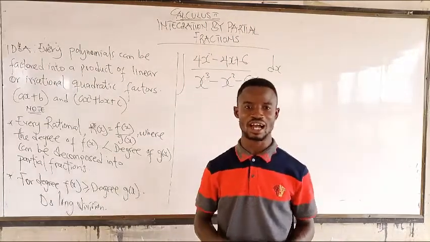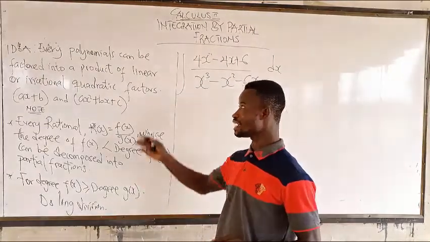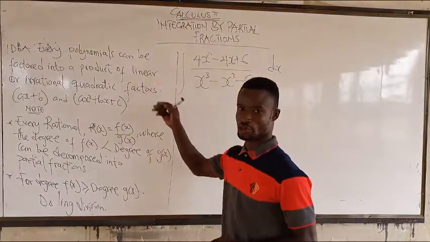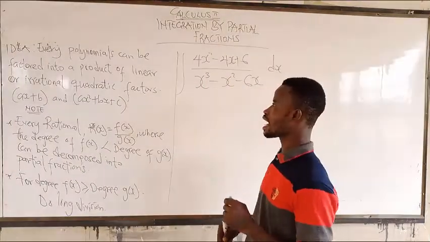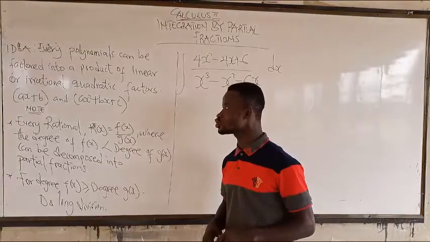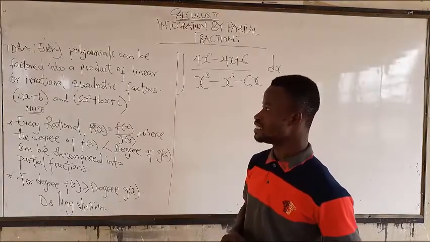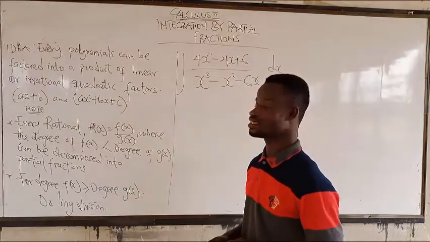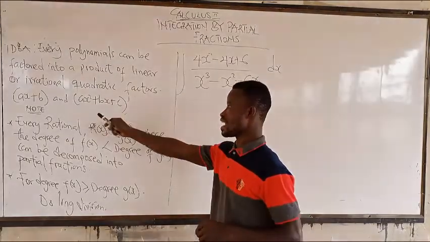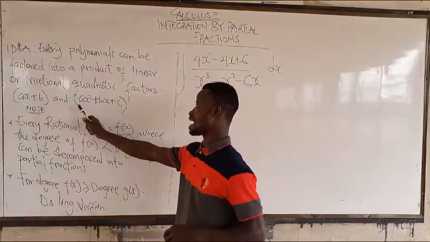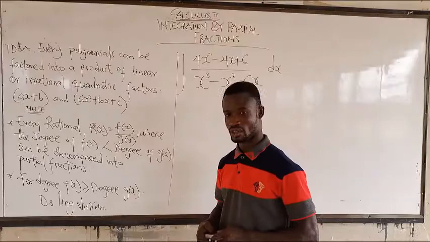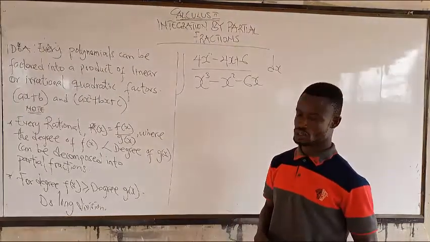Integration by partial fractions. And this is the idea. Every polynomial can be factored into a product of linear or irreducible quadratic factors, that is as plus b and as squared plus bs plus c. Now take note of these two things.